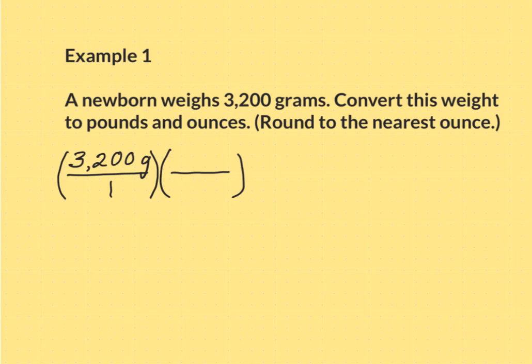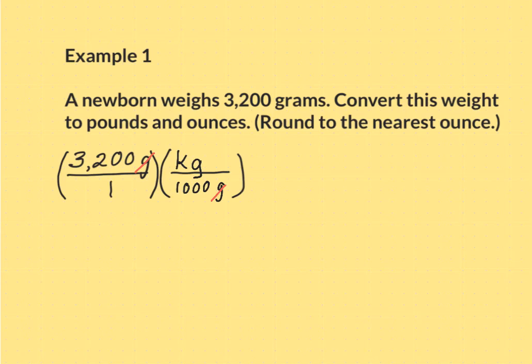We're going to have to convert grams to kilograms because I do have a conversion factor between the metric and English systems of kilograms to pounds. So there are 1,000 grams in a kilogram, because that's what the prefix kilo means. That will allow me to cancel the grams. That's good. And then I'd have kilograms, but I don't want kilograms.